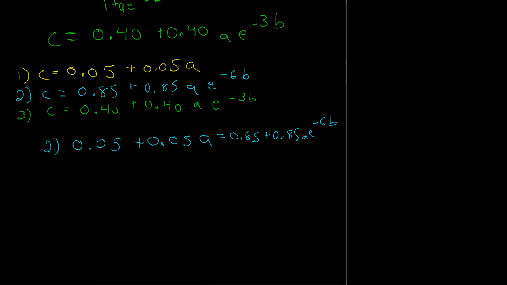And for the third one, whoops, I have to replace my C first, sorry about that. I'm replacing C with 0.05 plus 0.05A is equal to 0.40 plus 0.40A e to the negative 3b.